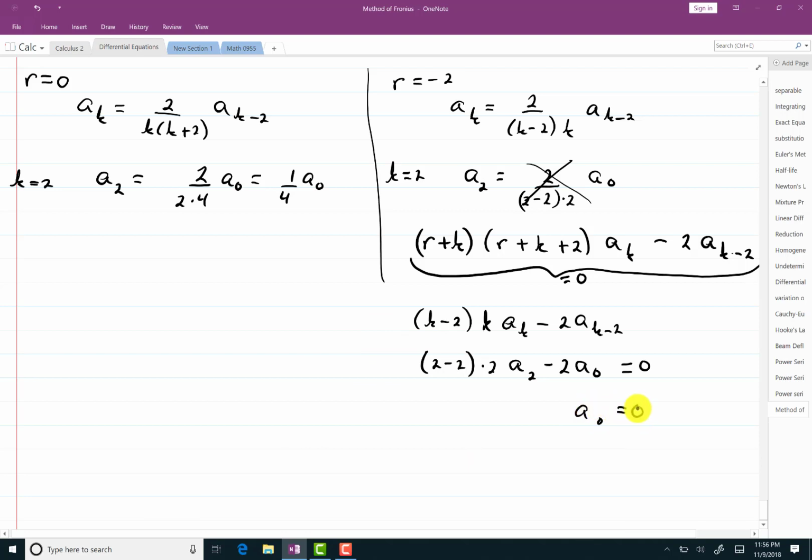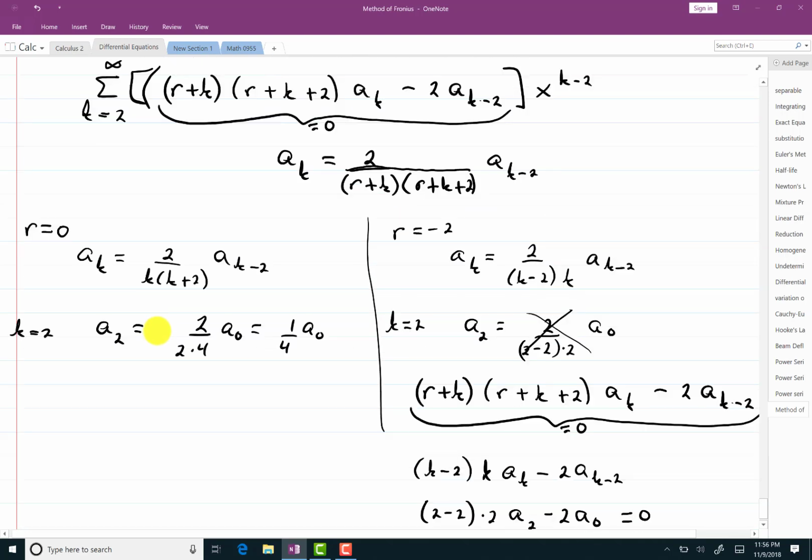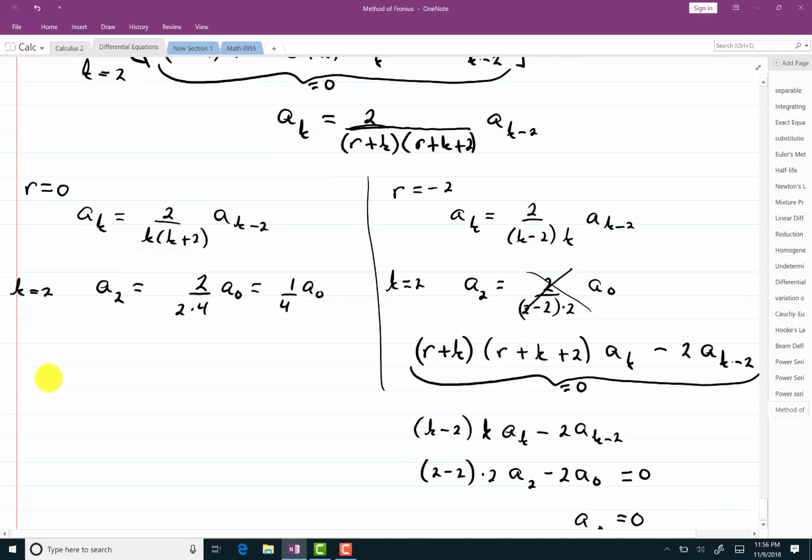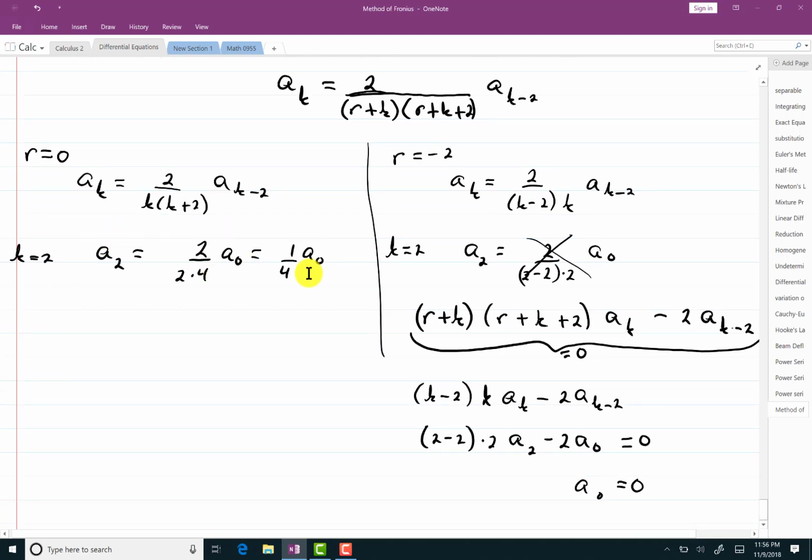Well, with a sub 0 equals 0 and a sub 1 equals 0, that means I'm not able to get a second series from this method. I'll explain what the issue is in a minute. I can at least get one answer, and that's all that Frobenius' theorem ever promised, that we would get at least one answer.